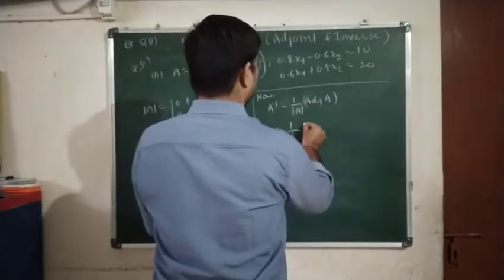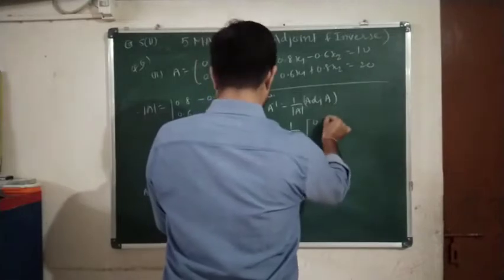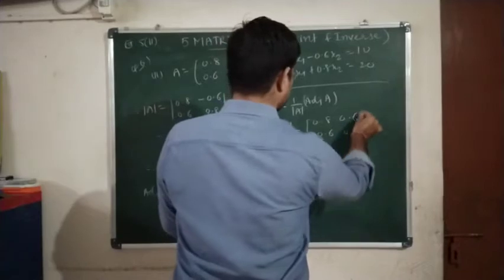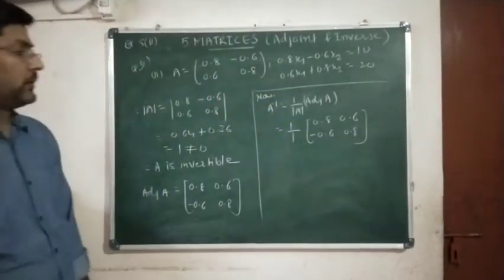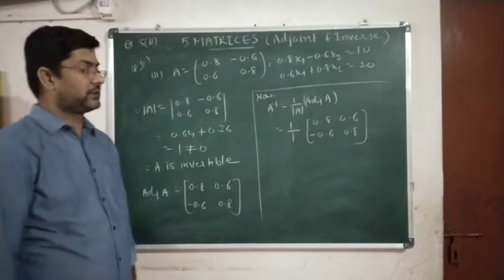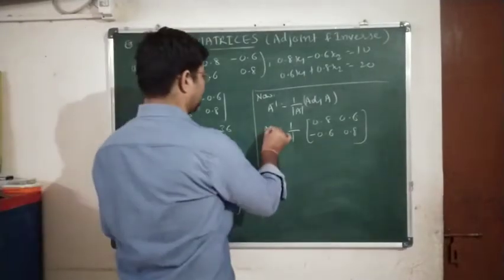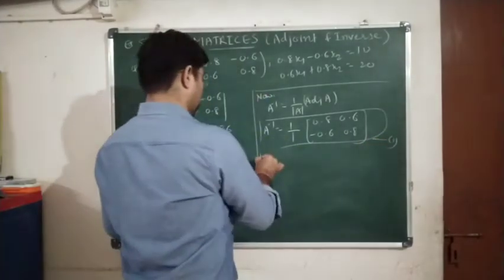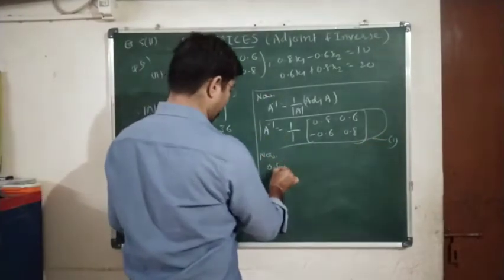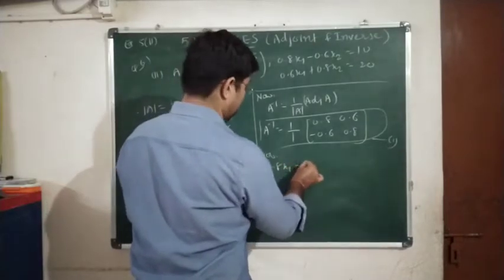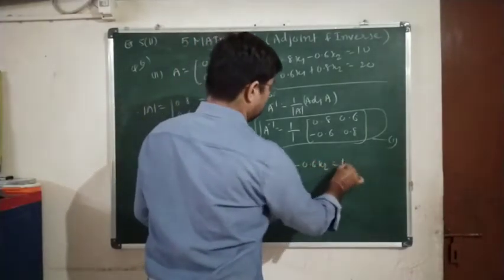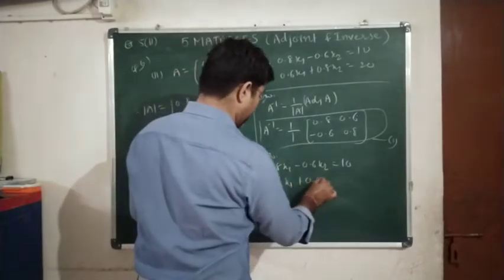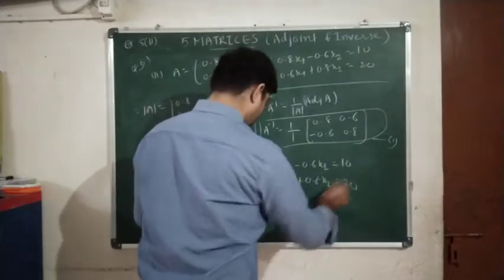the determinant of A, which is 1 only, times [0.8, 0.6; -0.6, 0.8]. So this is the inverse. Okay, now the system of equations is 0.8 x1 minus 0.6 x2 is equal to 10, and 0.6 x1 plus 0.8 x2 is equal to 20.